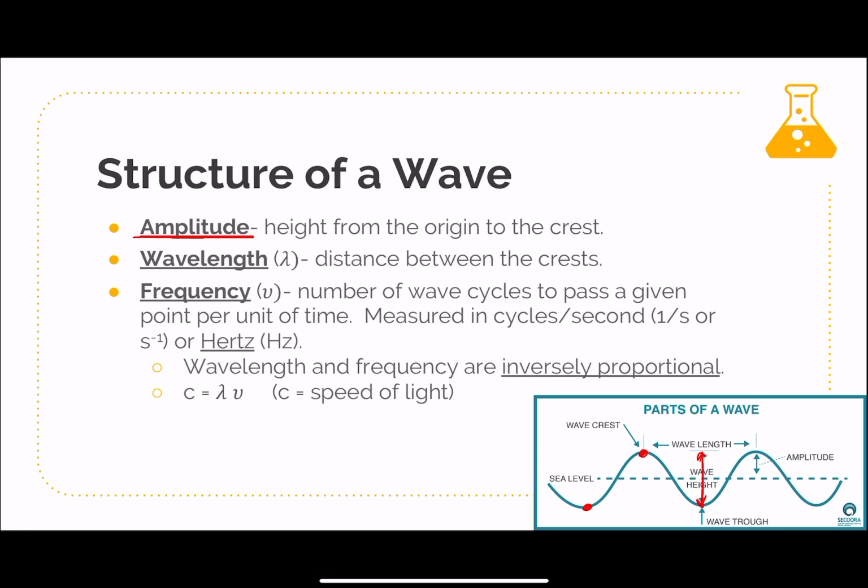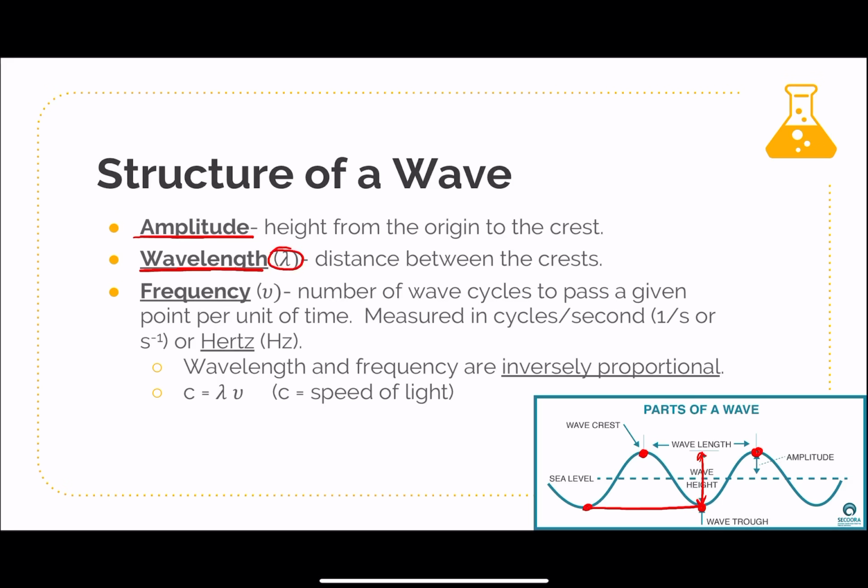Okay, you also have the wavelength, and so that's from a crest to the next crest, or you could also measure it from the trough to the next trough, and that is the wavelength. Okay, signified by this letter, that is the Greek letter lambda. Kind of looks like an upside down Y. But that is the wavelength of a wave, okay?